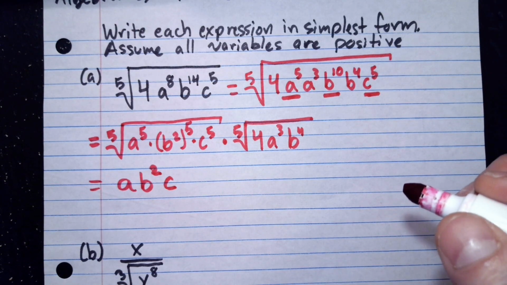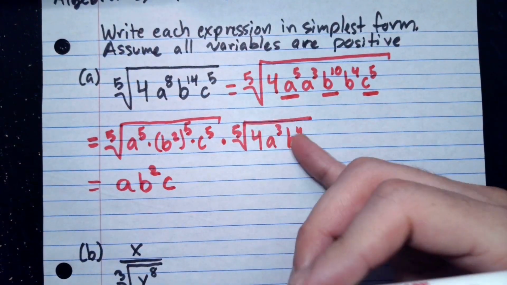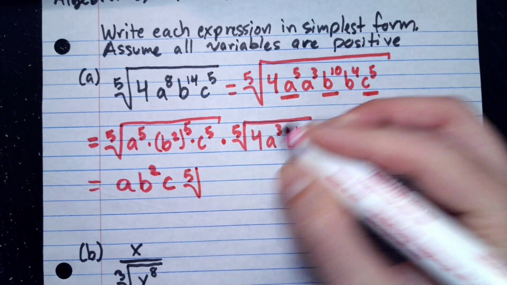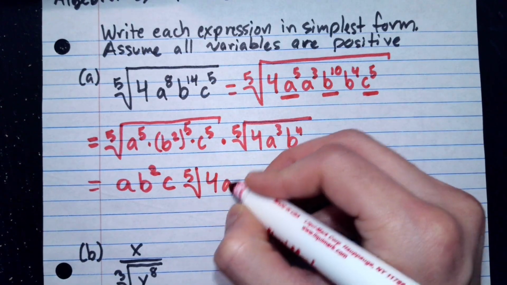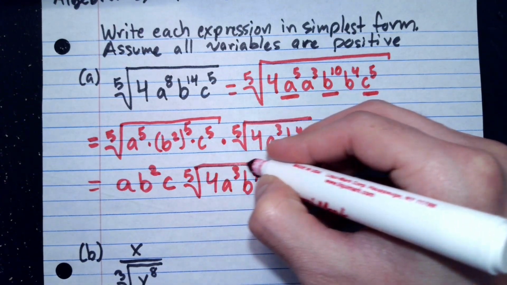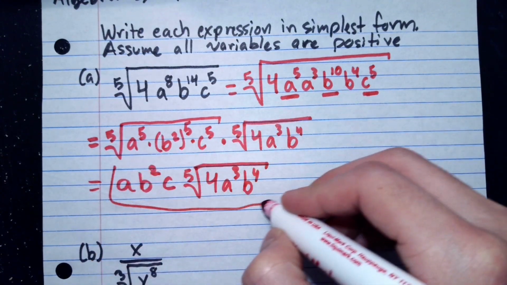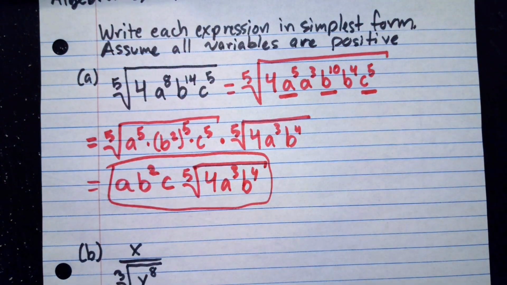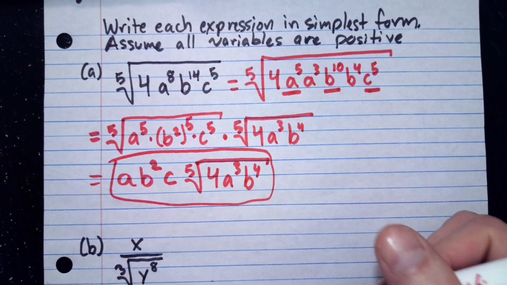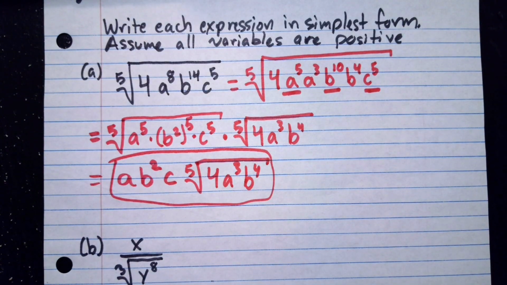And so all we have to do now is multiply that by this, and this cannot be simplified anymore, so we are actually finished. Our most simplified answer is going to be a times b squared times c times the fifth root of this inside part right there. So again, it looks a little bit messy, but once you get the hang of what we need to do, hopefully it should seem a little bit easier.